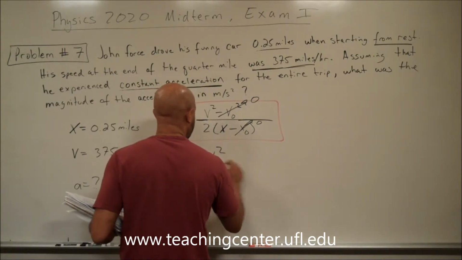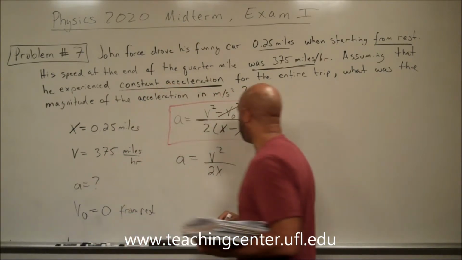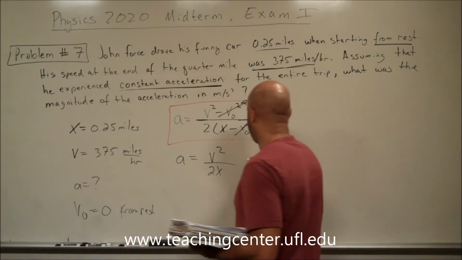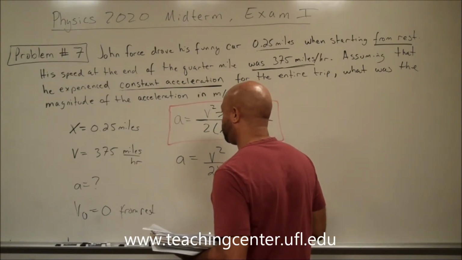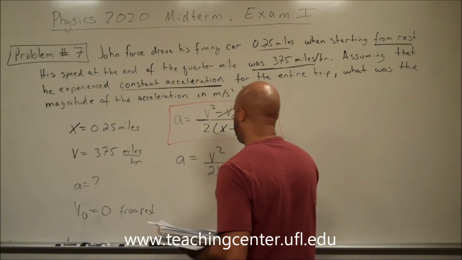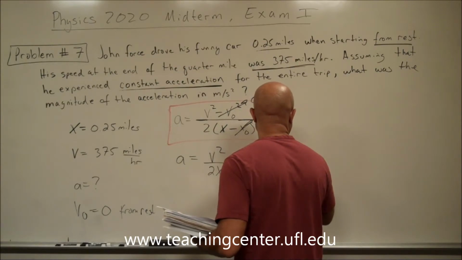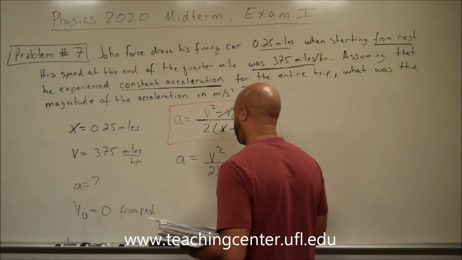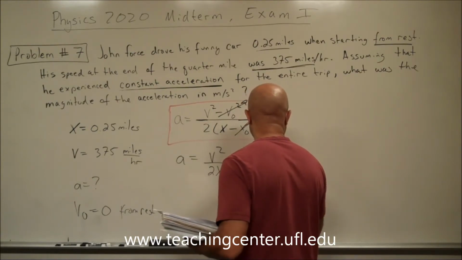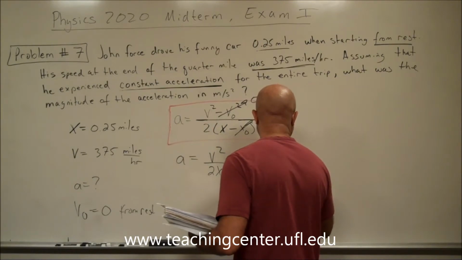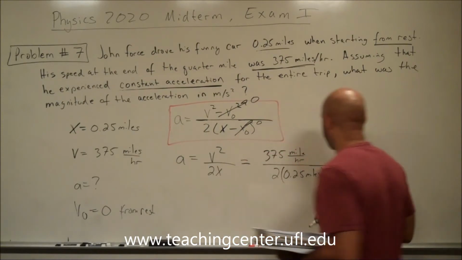the velocity squared over 2 times your displacement, and we can substitute in just the numbers now. We're trying to find the acceleration, so velocity is 375 miles per hour, and the displacement is 2 times 0.25 miles, okay?